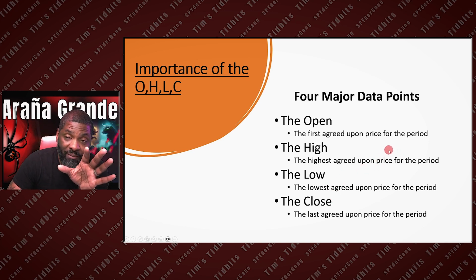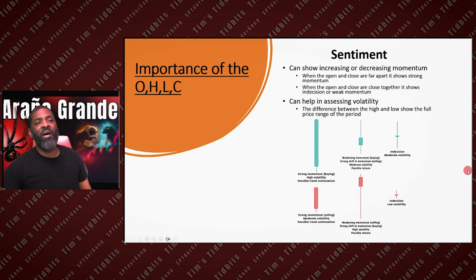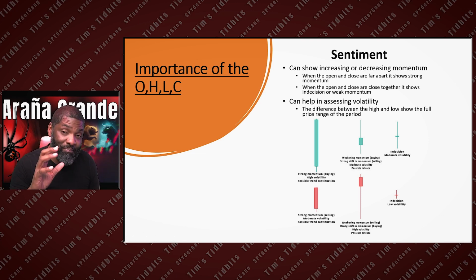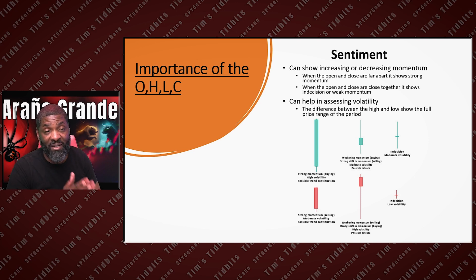Now, not only do the candlesticks, the open, high, low, and close, tell you about agreed upon price, they can also show you sentiment. This is very important. The open, high, low, and close can show you the sentiment of the market at that particular period of time, right?